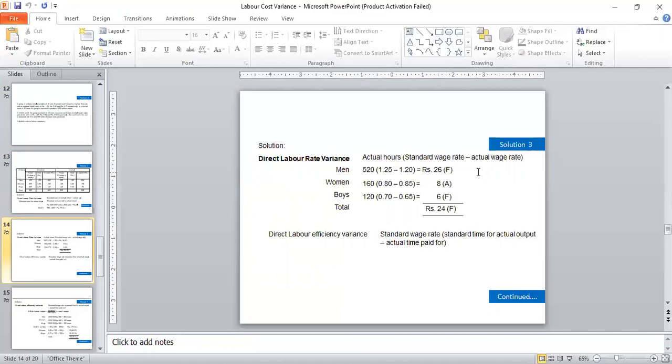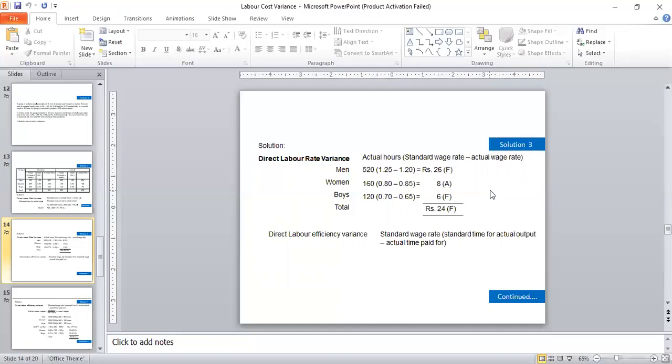For the women, they have worked for the actual hours 160 hours. Standard rate decided for them is rupees 0.80, while actual payment made to them is rupees 0.85. Calculating this, we have got a rupees 8 adverse variance. For the boys, they have worked for 120 hours.